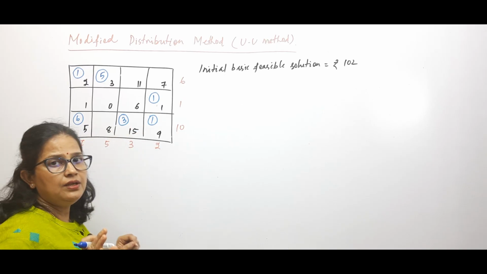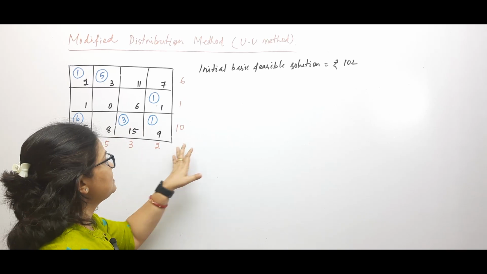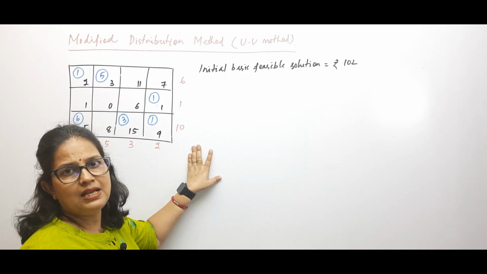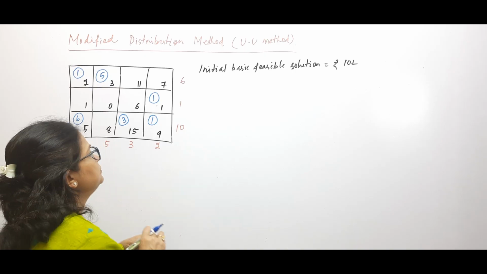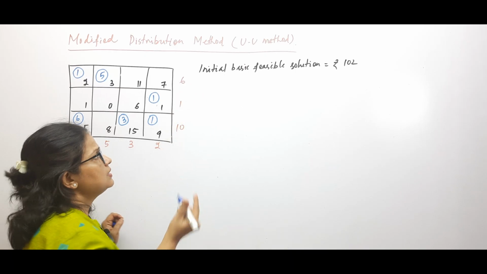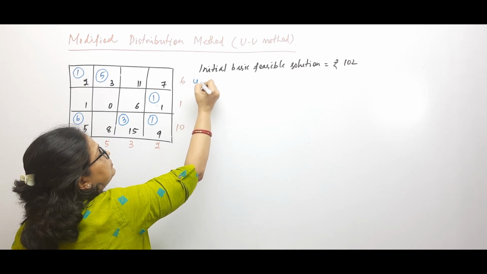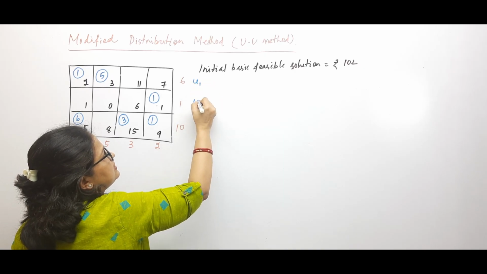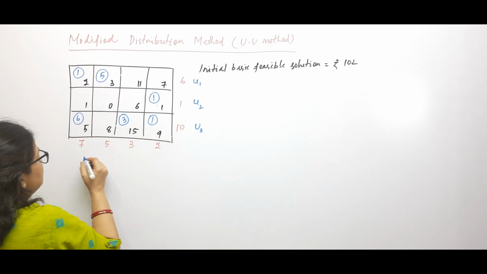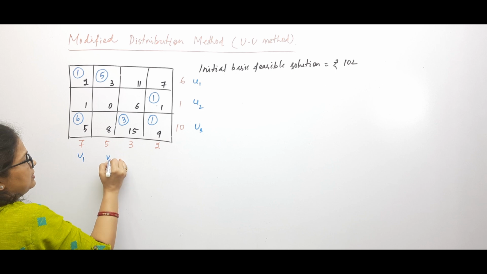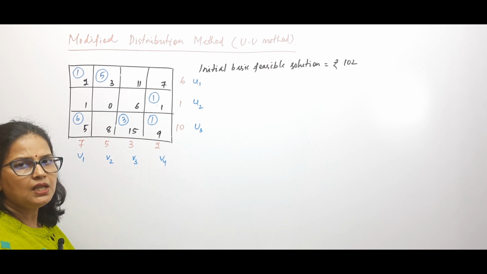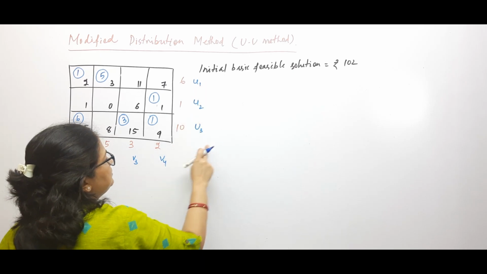One way of doing this is to look where the maximum number of allocations are, and in that case we assume U. See how we first need to do things. For the number of rows, I can denote U1, U2, U3, and for the number of columns I can denote V1, V2, V3, V4. These are the two variables we have introduced here.